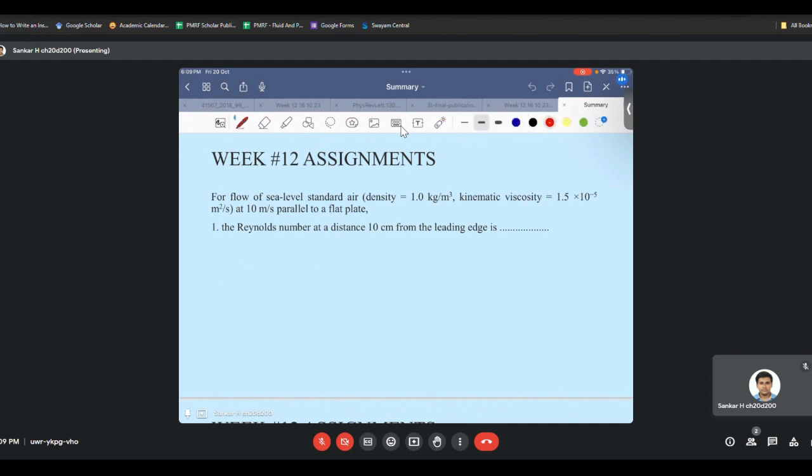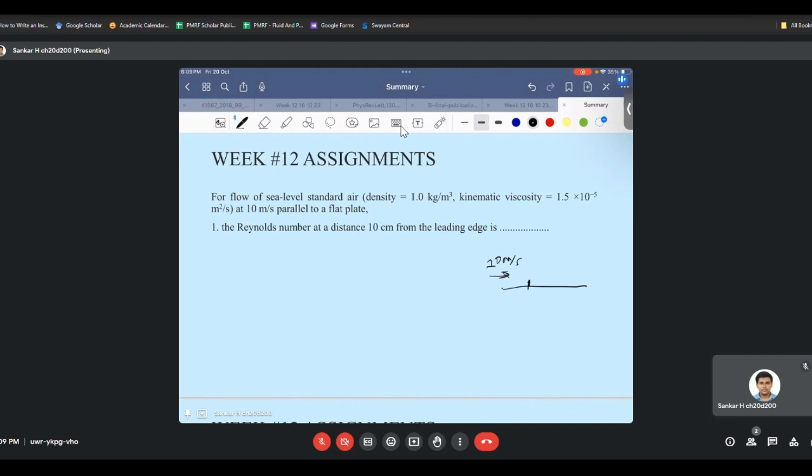So what is given is there is the sea air interface, and there is flow of air in one direction going at 10 meters per second. We just have to find the Reynolds number 10 centimeters from the leading edge, assuming that it starts from land.